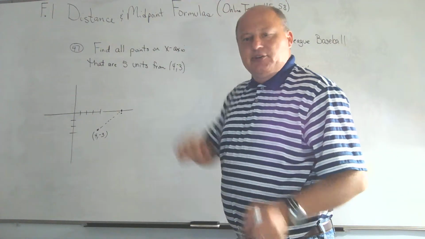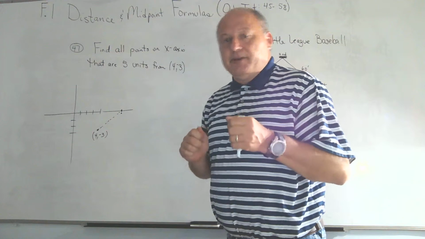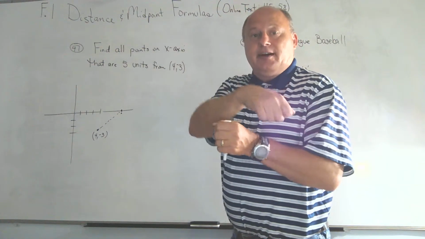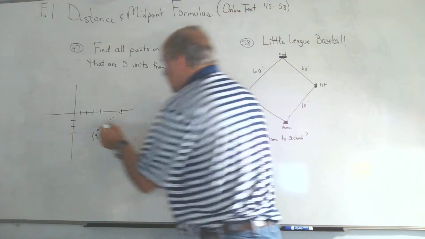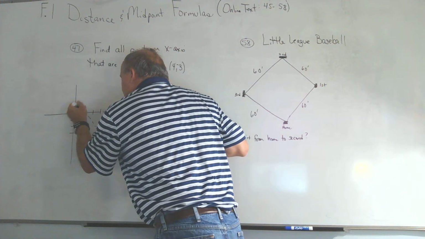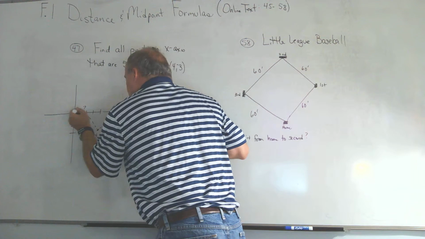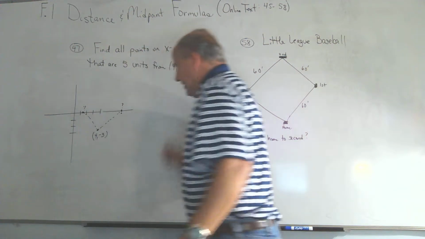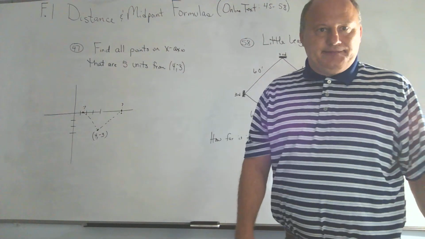So you'd have to tilt your ruler. But you can tilt it to the other side, too. That's right, so you can tilt another one over here, and there are going to be 2 points on this axis that are 5 units away.